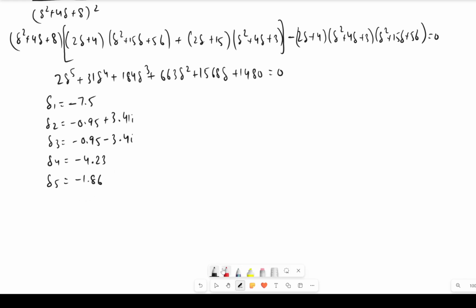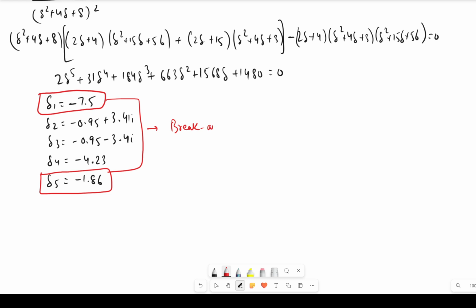And we know that only two of the results are possible. So our breakaway points are these two.